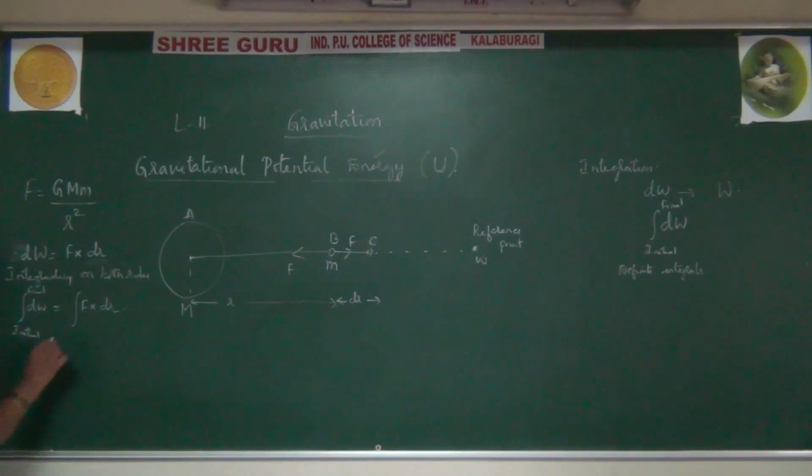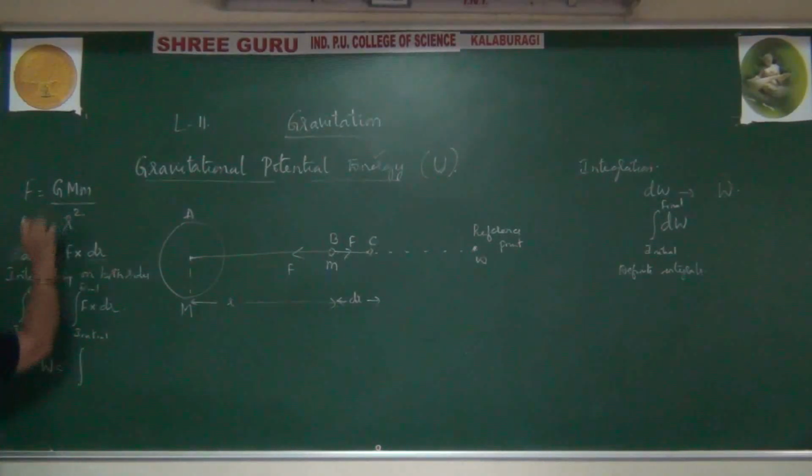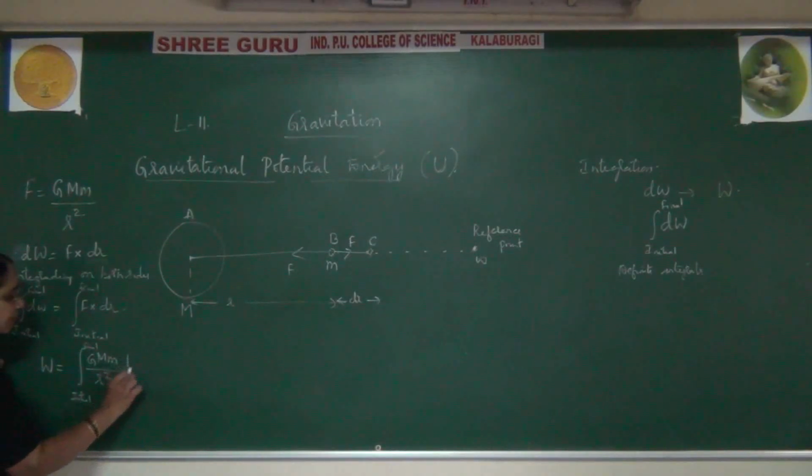Then W is equal to the integral, substituting the value of F, G capital M small m by r square, from initial to final, into dr.